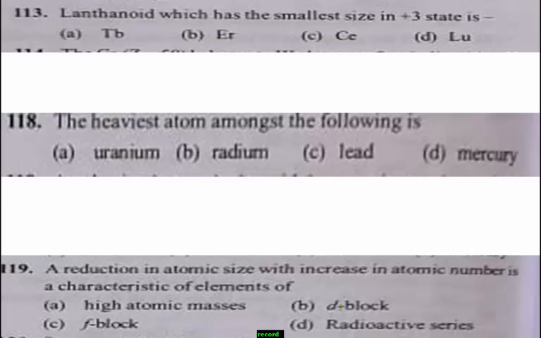When we observe the given options, we remember one theoretical point. On going from left to right in the lanthanoid series, observe carefully my point, ionic size decreases, right?